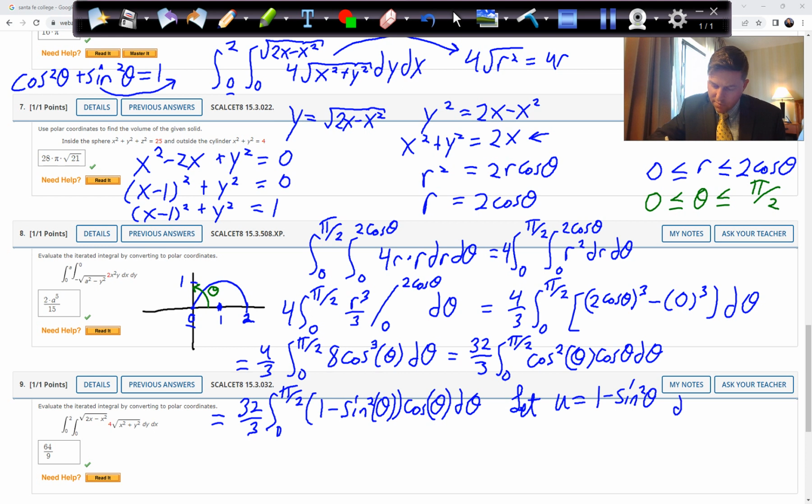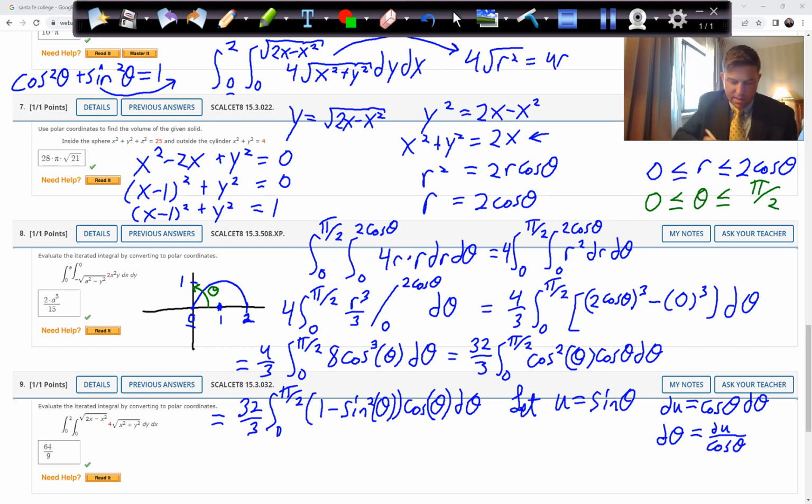Therefore, derivative of u would be minus... no, that's not what we want. We're just going to let u equal sine theta. Therefore, du equals cosine theta d theta. And therefore, d theta is equal to du over cosine theta.